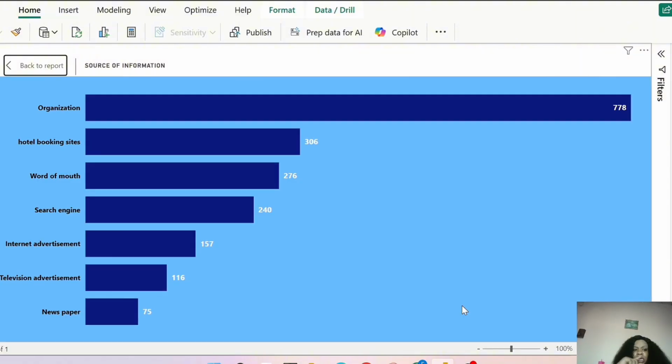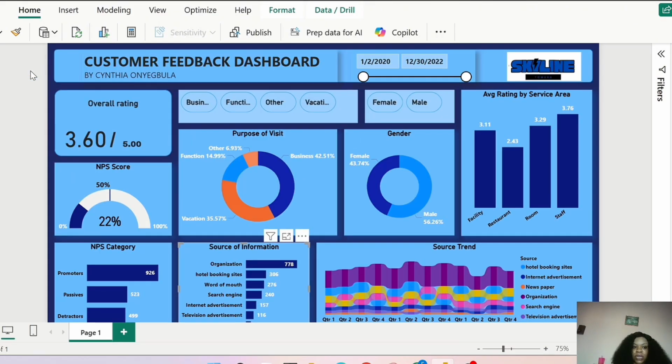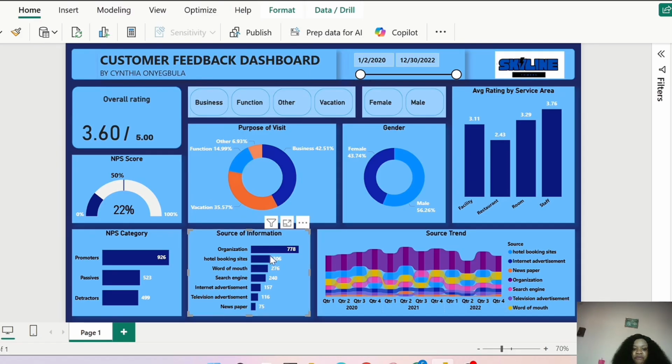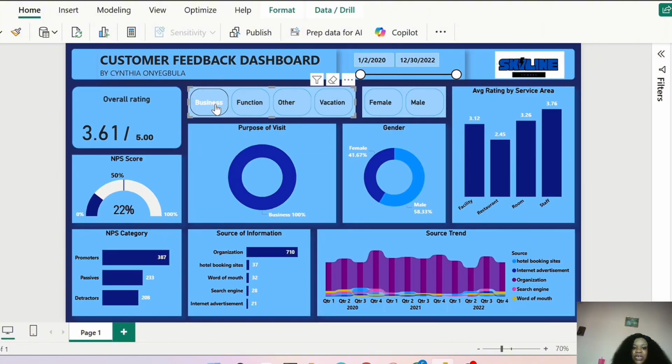Then I would also say, since our organization partnerships are doing so well, instead of just partnering with, let's say, corporate bodies or business owners, can we also partner with tourism boards, lifestyle brands, travel agencies, so that not just business people can be seeing it, vacationers can be seeing it. And if you look at our slicers, when you filter, just keep your eyes here on the source of information. Or when you filter by business, for instance, you can see that there's a sharp decline in others.